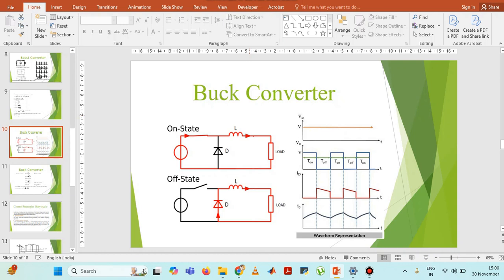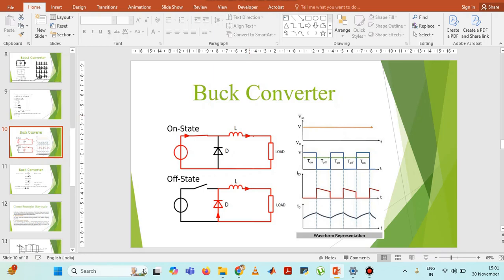During the next time interval, T greater than or equal to small t greater than or equal to T on, the output voltage is 0, that is V0 equals 0, as the diode D now conducts. The off period is T off, which is calculated as T minus T on, with T the time period.